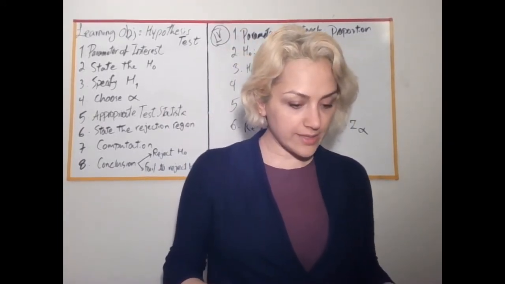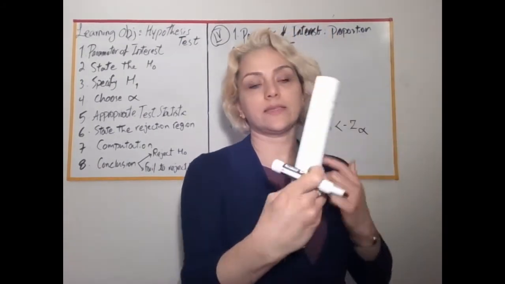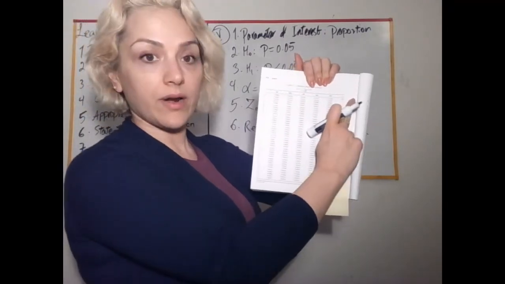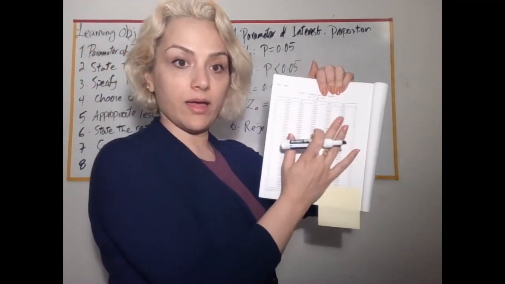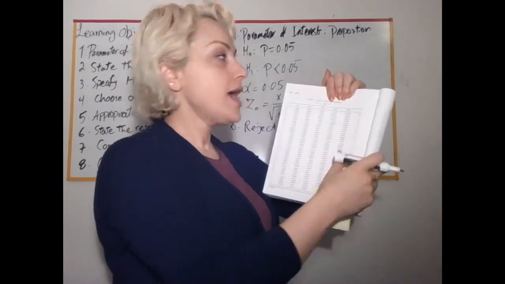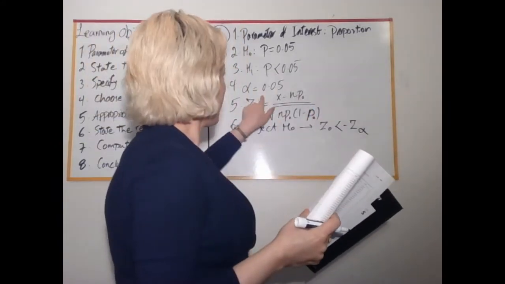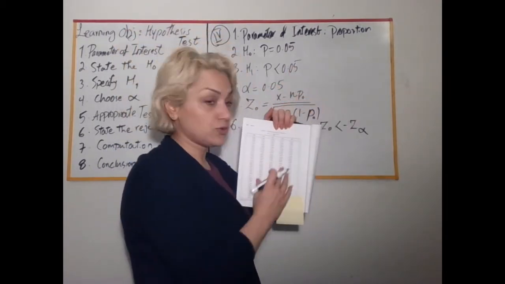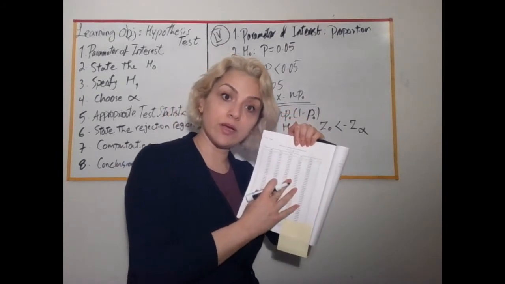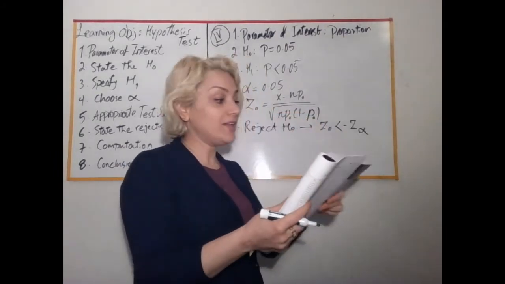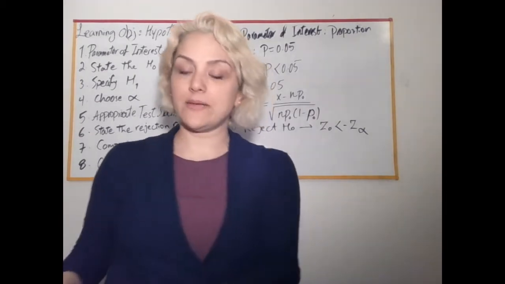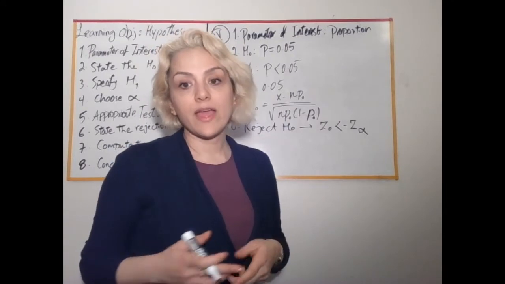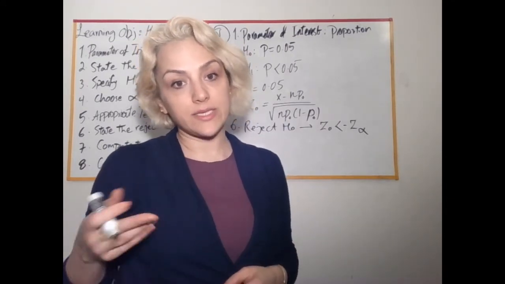When we are looking at the Z table, we have our Z values here, and then we have the alpha in the body of the table. So we need to find 0.05 in the body of your table, and then read the related value of Z. For alpha 0.05, the value that we would see is 1.645.